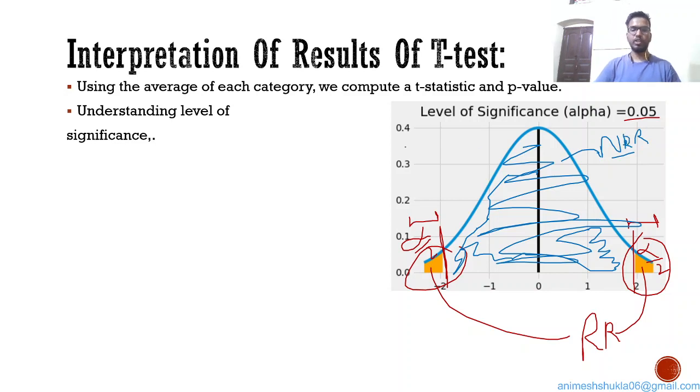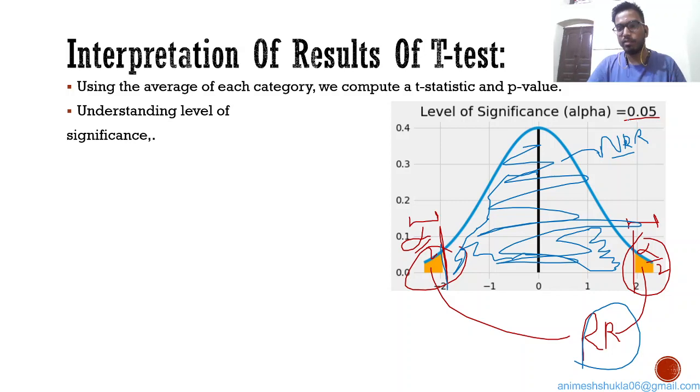And always make sure that the p value is also the area lying under the tail of the Gaussian. So whenever we have a p value less than 0.05, that means it is lying beyond, in the orange region. Then it is lying in the rejection region, and in that case we'll be able to reject the null.